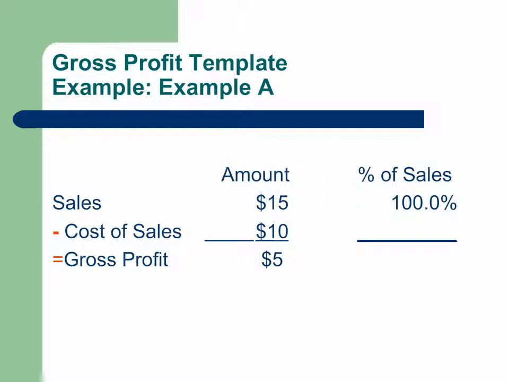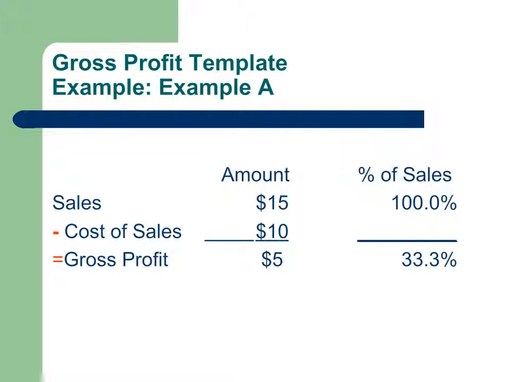In an earlier example, we used a selling price of $15 and a cost of $10 to calculate a gross profit of $5. $15 is 100% of the total sale amount. $5 is a percentage of $15, so 5 divided by 15 is 0.333 or 33.3%.